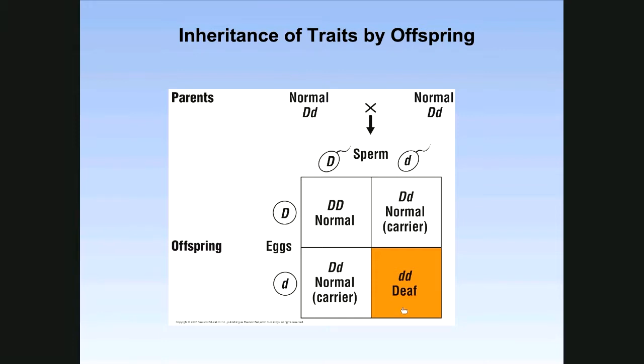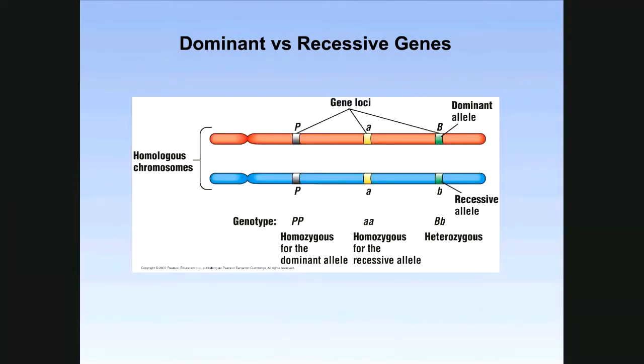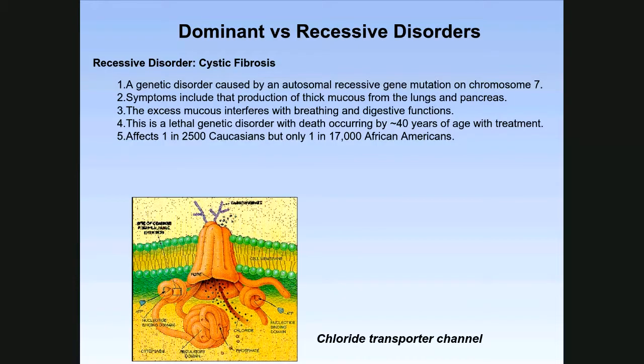Here it says deaf, but it's recessive, and you would say 1 in 4 or 25%. What's the possibility that they would be normal and not a carrier? 25%. What's the possibility that they might be a carrier? Well, 2 in 4 or 50%. So you can give me answers in fractions or percent when it asks you those questions. Okay, but make sure you differentiate between when it's asking phenotype versus genotype.